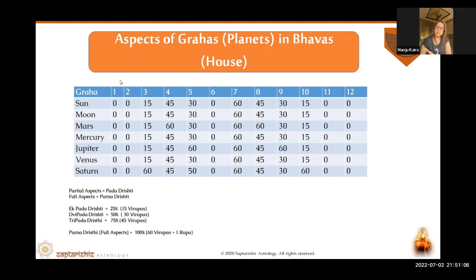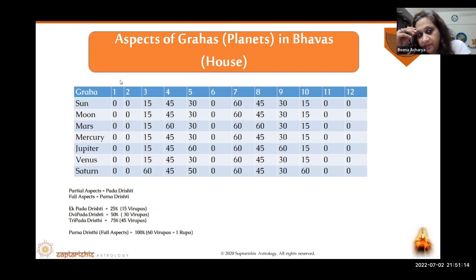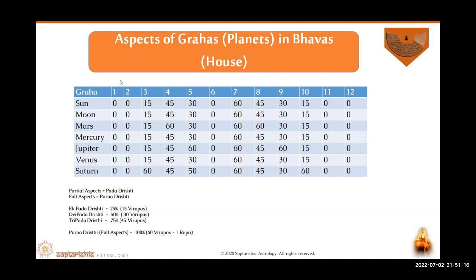Or like taking government projects, it is partly government and partly private. If it is contract based, then you will see 25% or 75% like this. Is it clear now how to use this aspect? Depending on the percentage of aspect, we can reduce the influence of that planet.